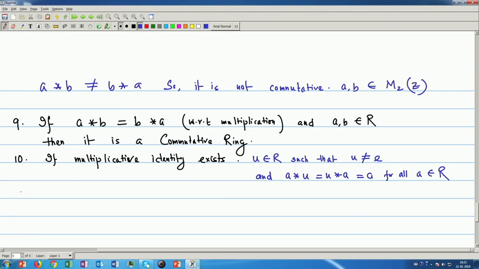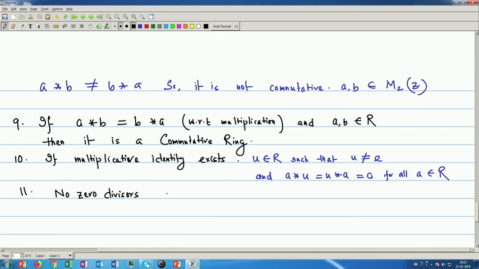Another property we take is no zero divisors. This is one property: no zero divisors.